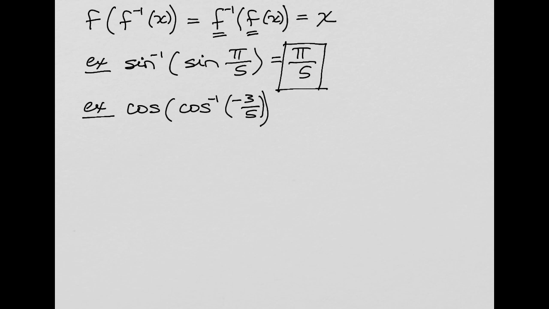And that's somewhere in quadrant 2, because the range of the arc cosine function is in quadrants 1 and 2, so this is an angle in quadrant 2. I don't know what it is, but that's okay. If I take the cosine of that angle, guess what I'm going to get? I'm going to get negative 3/5, same that I started off with. Composition of a trig function with its inverse trig function.